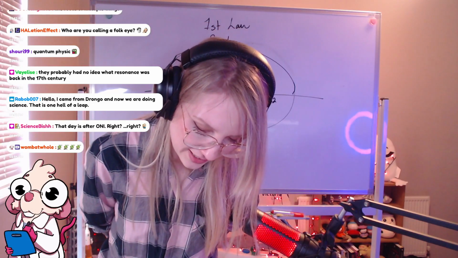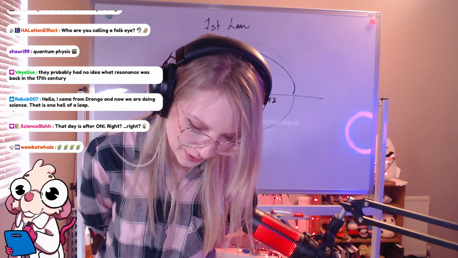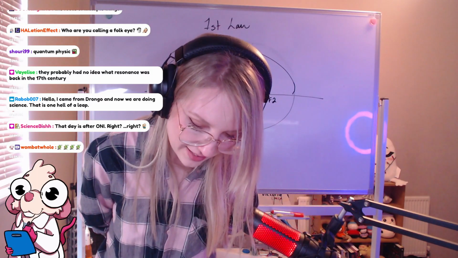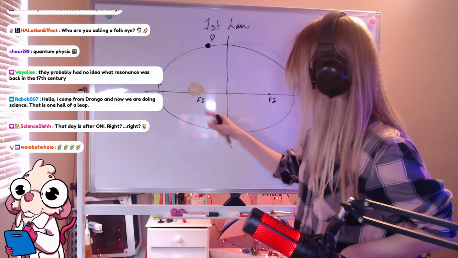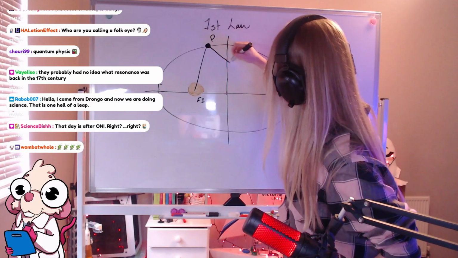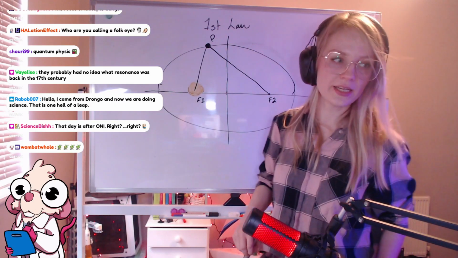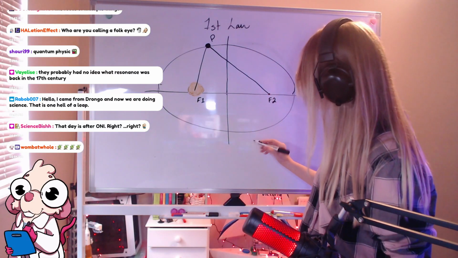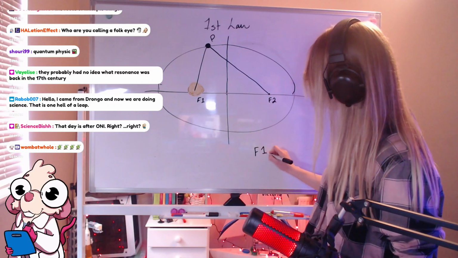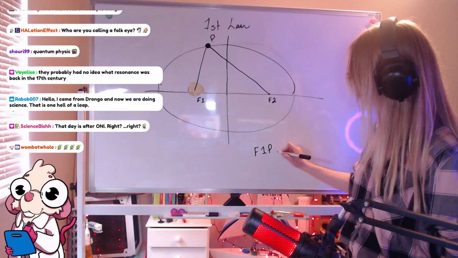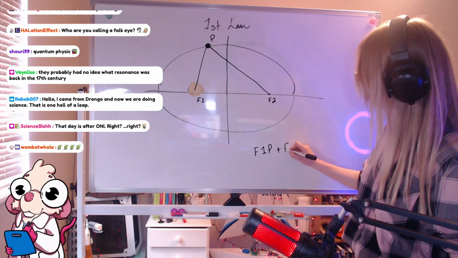So it says that the sum of the distances from any point P on the curve to the two fixed points called the foci, F1 and F2, remains constant. That is the sum of the distances: the distance from here, here, here, here. Oh, we're getting an interesting shape there, aren't we? I guess what they say is the sum of the distances, F1 to P plus F2 to P, is equal to a constant.